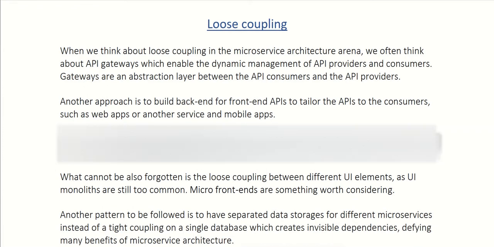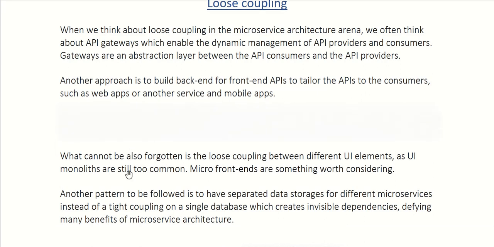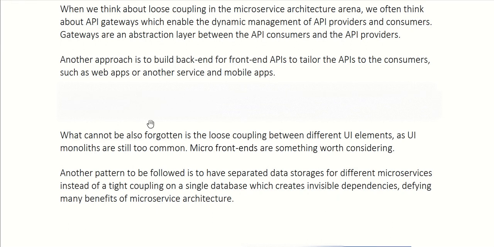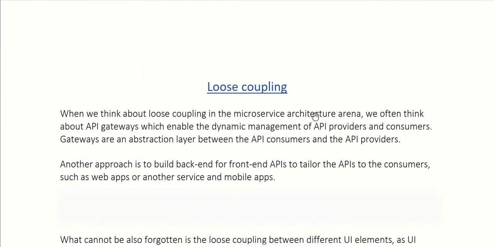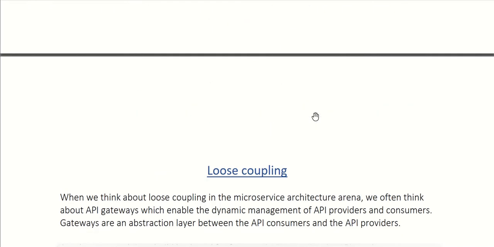Another approach is to build backend for front-end APIs to tailor the API to the consumers, such as web apps, other services and mobile apps, which I have already explained. Backend for front-end, in first principle itself, is interface segregation.